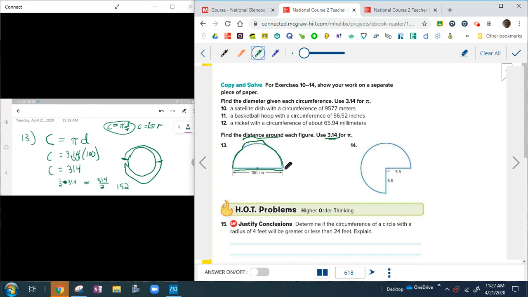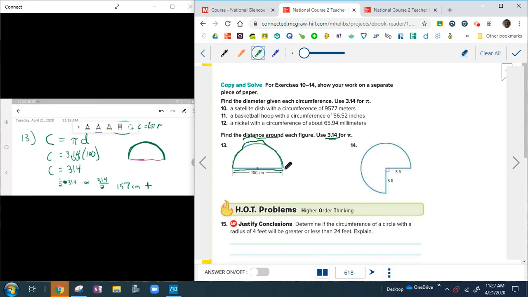Now, whoa, that's not a 7. All right, so we have 157, and that would be centimeters. That is just to get us halfway around the circle. We haven't cut across yet, so we've done that part of the problem. We've come around half of the circle, but now we have to add in that straight line across.